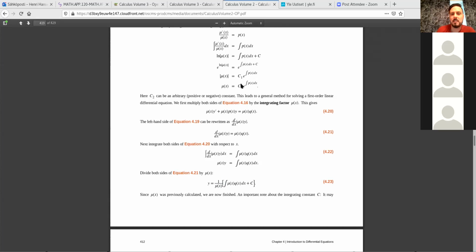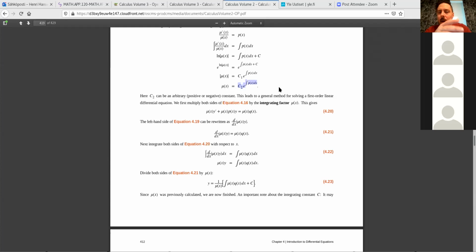And this mu of x is usually, in this linear case, pretty well behaved. I mean, it looks bad, but really it's not that bad. This p of x is usually very simple, so it's a polynomial or something, usually something whose integral we can find relatively easily. If not, then this becomes hard.